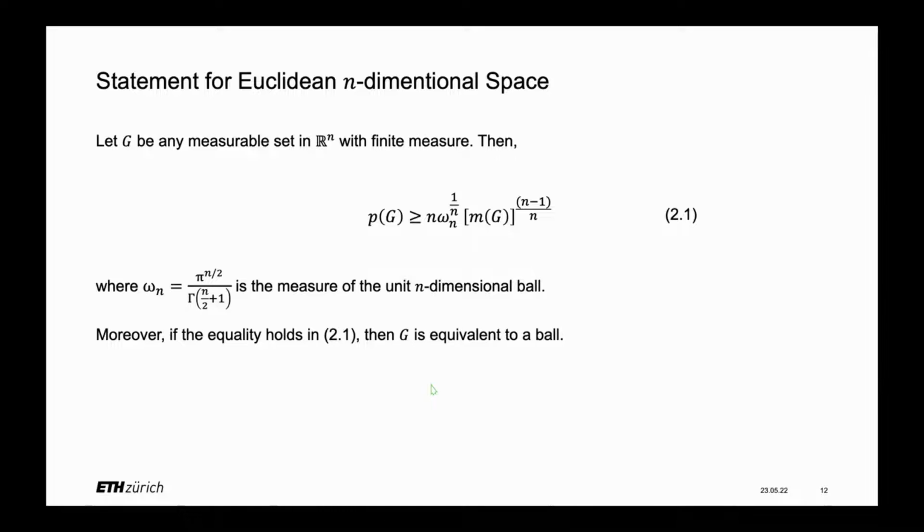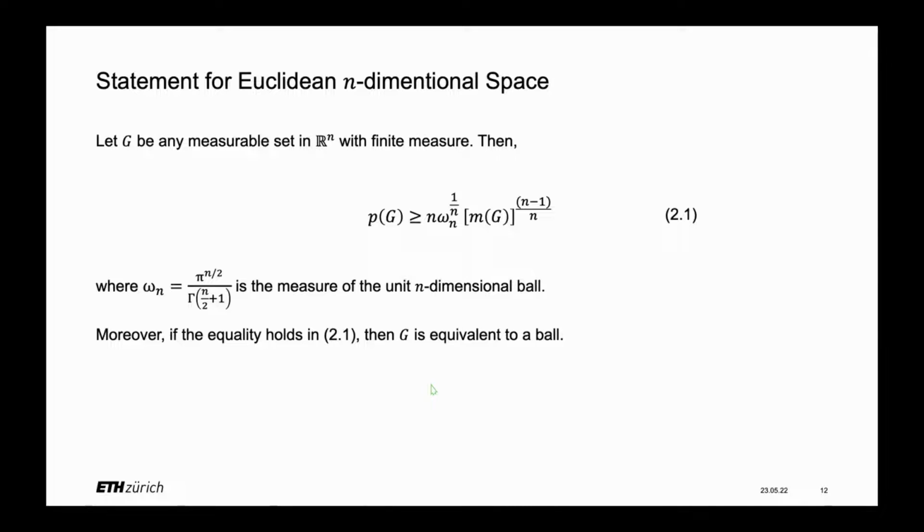Then the perimeter of G is bigger or equal to n times omega n to the power of 1 over n, times the measure of G to the power of n minus 1 over n. This is nothing else than what we've seen before, but in the n-dimensional way. Here omega n is equal to pi to the power of n over 2, divided by gamma of n over 2 plus 1.